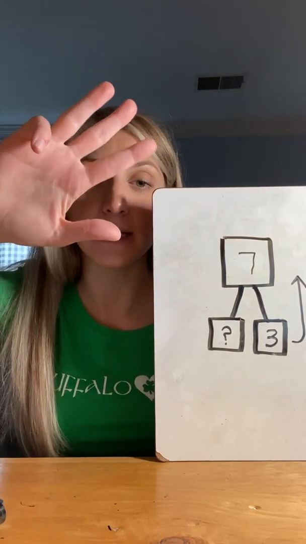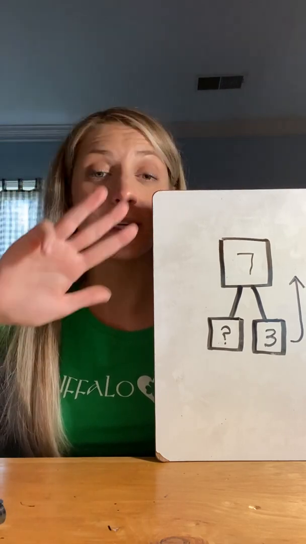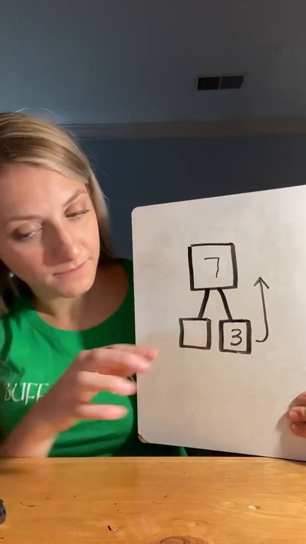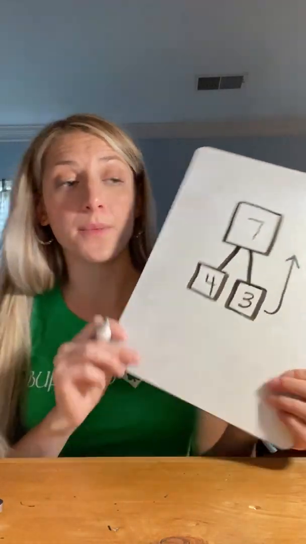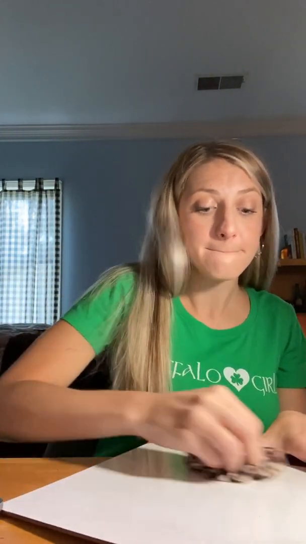How many did I need to get to 7? 3 needs 4 more to get to 7. So that is our missing part. 4 is our missing part. So to find a missing part, you count part up to whole.